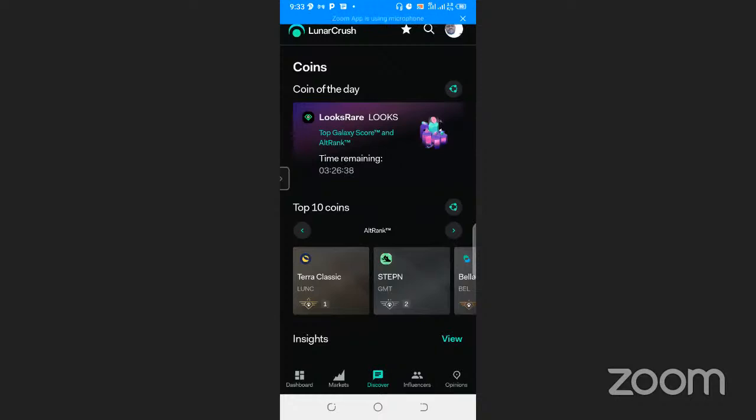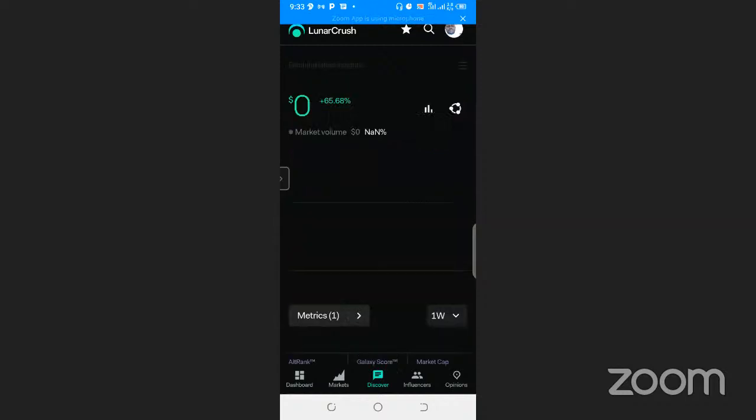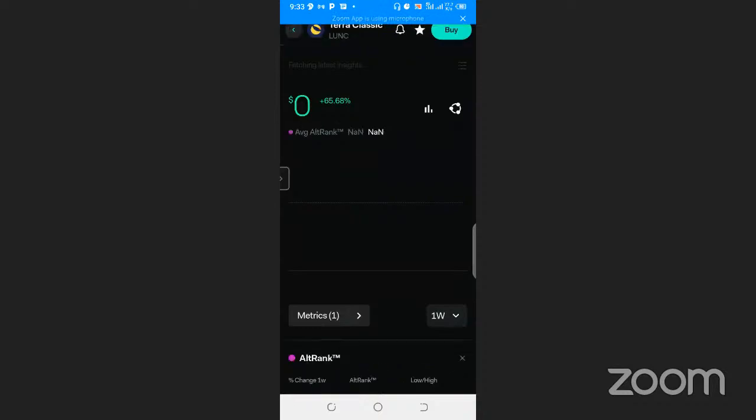In the top 10 coin, we have Terra Luna. Terra Luna, in less than 1 hour time, will be launched officially in Binance. And what is the percentage of it today? You have made over 60%.